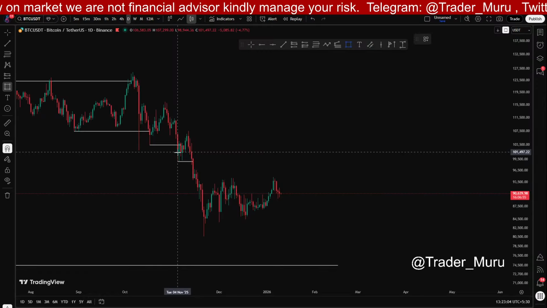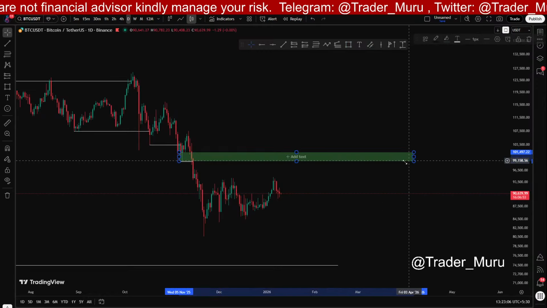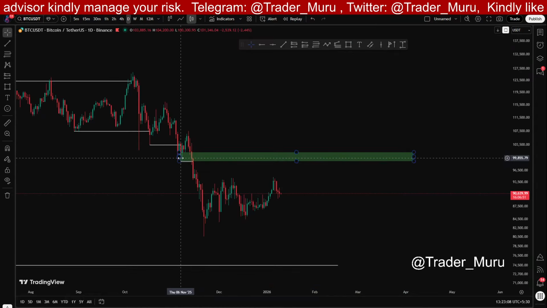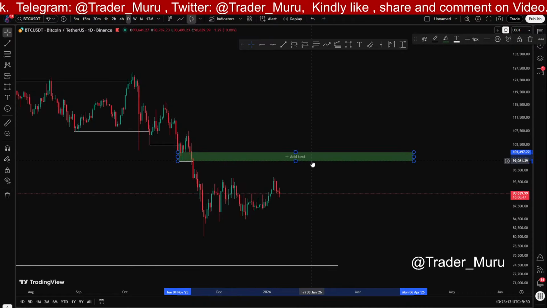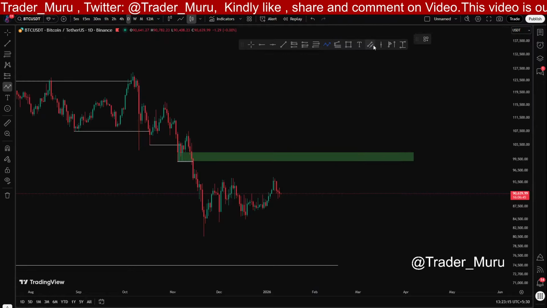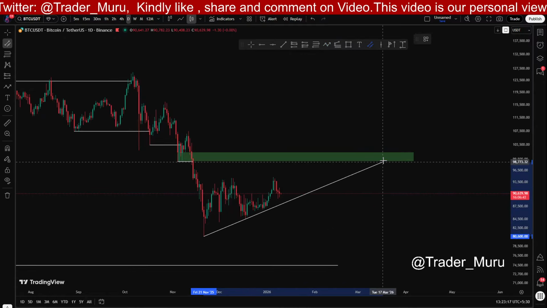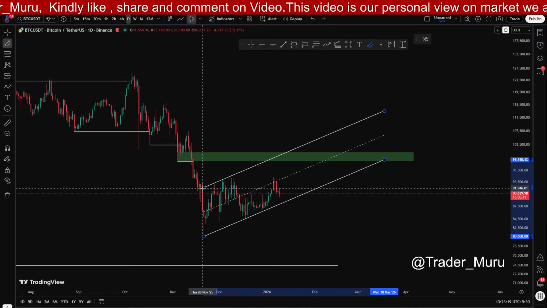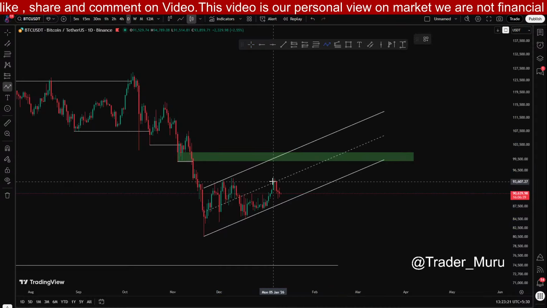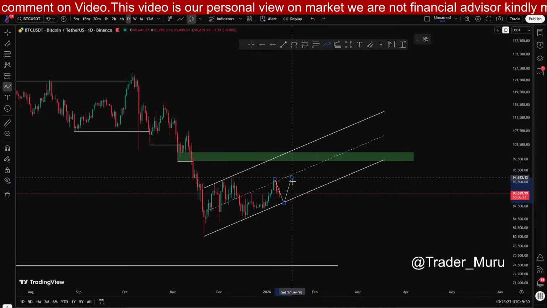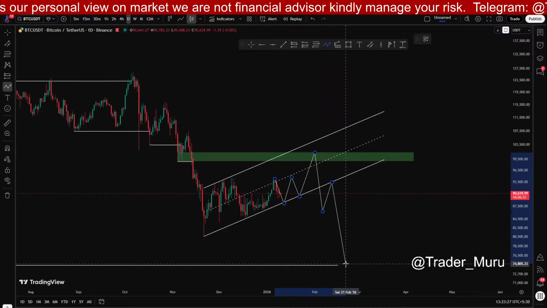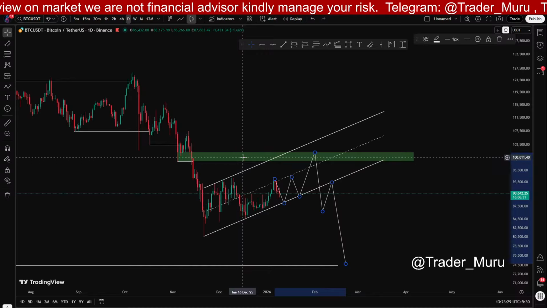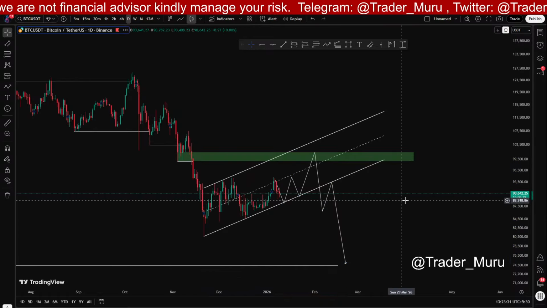So a structural area is this. Price is trying to test this area and it will go in a flag pattern. It will consolidate here like this one, test this area, reject and drop. I will watch this area for a short opportunity.